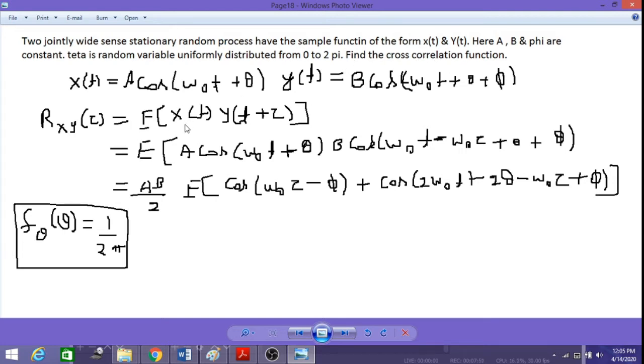The cross correlation definition is the expectation of x(t) into y(t plus tau). We substitute the cos terms for x and y, and to find this expectation we need a PDF also. Since theta is our random variable, ranging from 0 to 2 pi, the definition is f theta of theta equal to 1 by 2 pi.